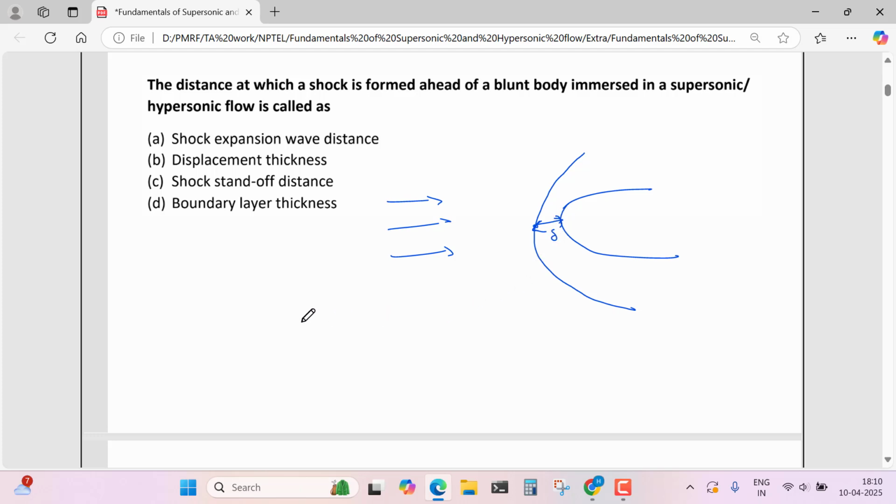So what is this delta called? This delta is called shock standoff distance. So the answer will be C.